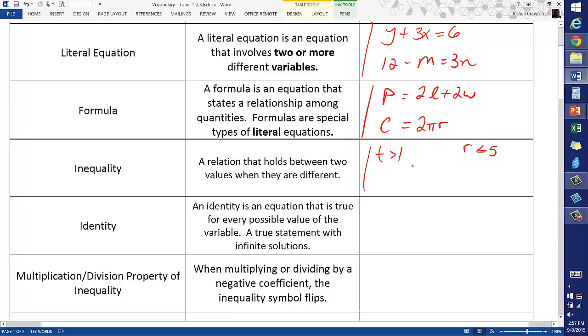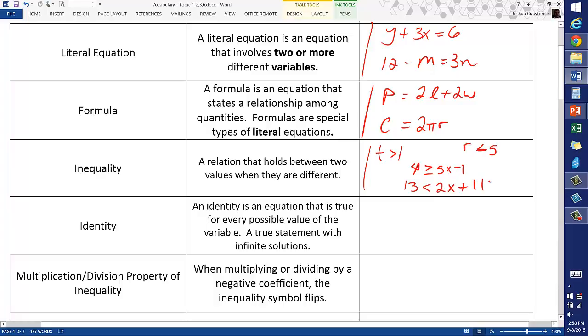And another one, we could have 4 is greater than or equal to 5x minus 1. And one more example: we have greater than, less than or equal to, greater than or equal to, so we need less than. So we could have 13 is less than 2x plus 11. All right, there's 4 examples for you.